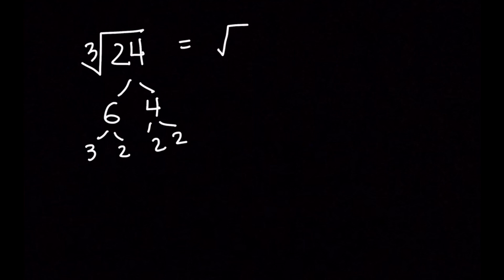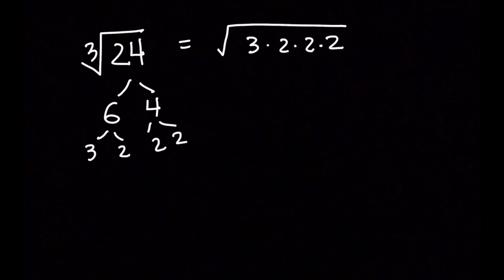Let's do some cube numbers. So cube root of 24. My factors of 24 are 2, 2, and 3, 2. All right. So I've got 3 times 2 times 2 times 2.